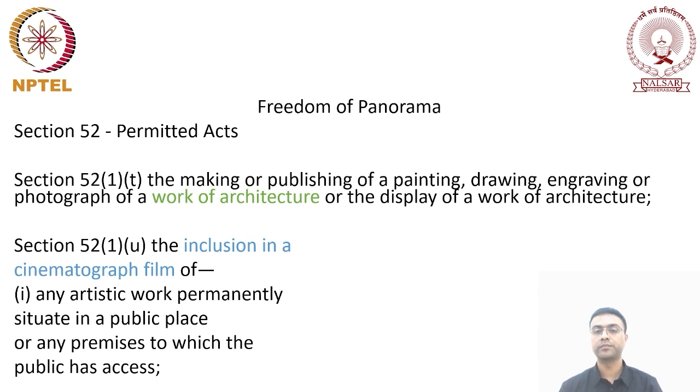Cinematograph films too, like photographs, when shooting happens, buildings do tend to get included within a shot. What this provision allows is for such architectural works to get captured in the shot without the requirement of specific authorizations.